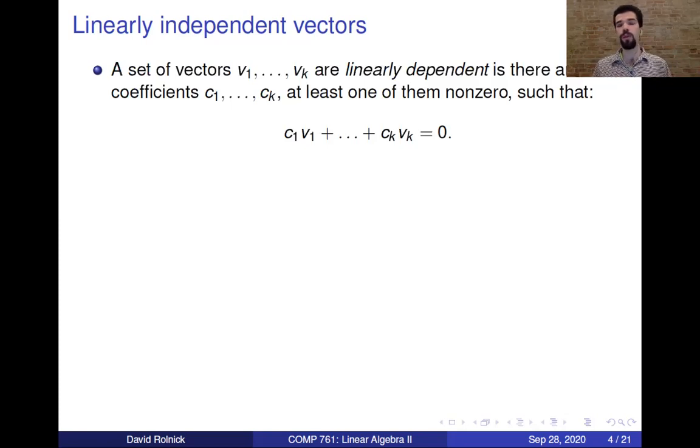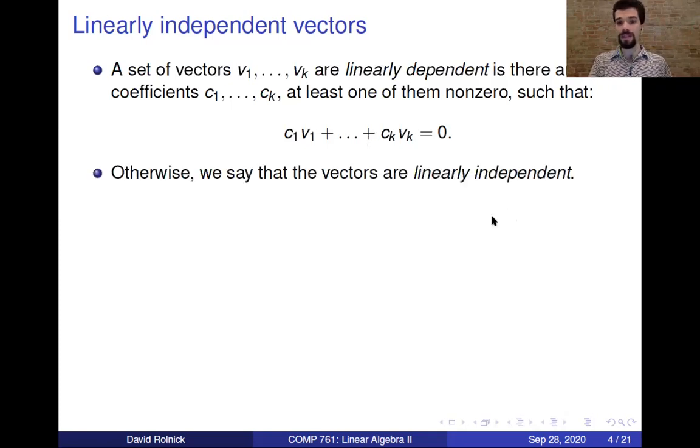The reason for the condition that at least one of them is non-zero is that if you just made all of them 0, then this would be sort of trivial. So you have a linear dependence if you can combine them in some non-trivial way to get 0. If there isn't such a thing, then we say the vectors are linearly independent.